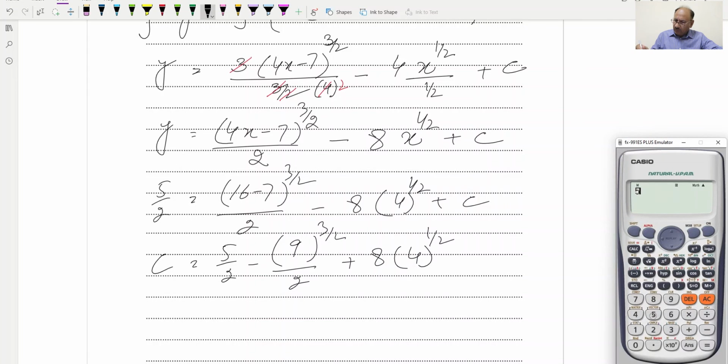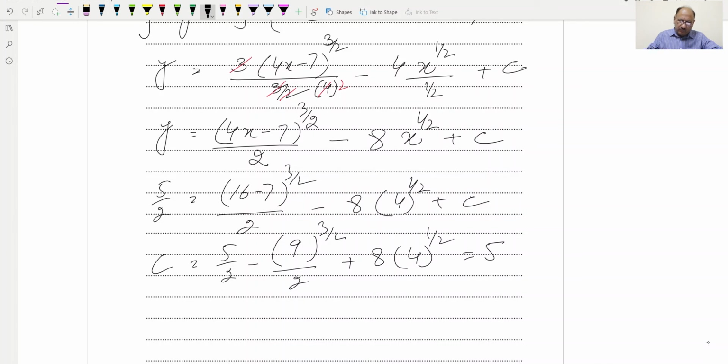This will be 5 over 2 minus 9 raised to the power 3 by 2 over 2, plus 8 into 4 raised to the power 1 by 2, and this is equal to 5. So the c value which we got is 5.